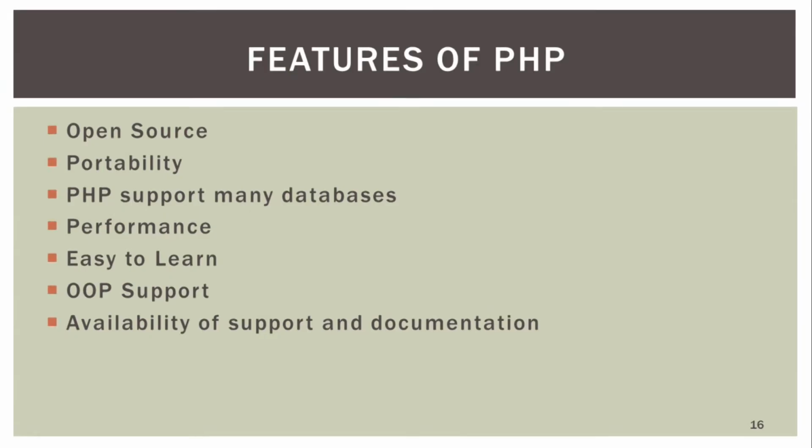So, it is very easy for everyone to use, and it is freely available. The second thing is portability. Here portability means PHP can be installed on many operating systems, be it Windows, Unix, Linux or Mac OS. PHP can run on any operating system.